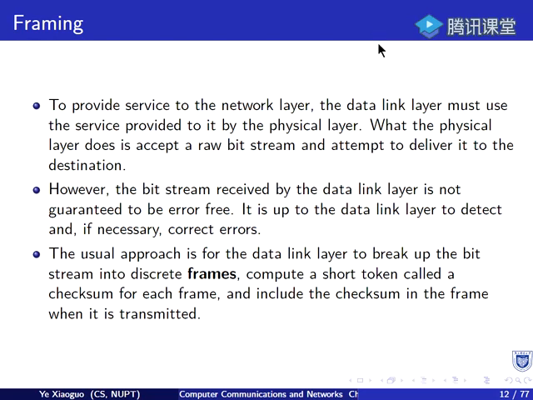The usual approach is for the data link layer to break up the bit stream into discrete frames and compute a short token called a checksum for each frame. This checksum is used for error detecting or error correcting.